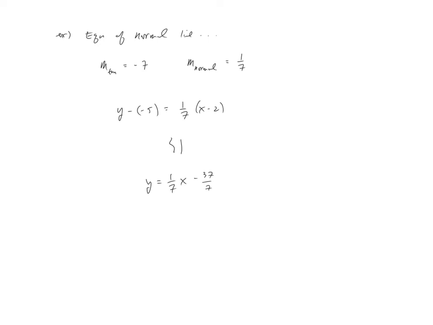So the effect of a problem like this isn't as much doing it as now seeing the result. So what I would encourage you to do is go to Desmos.com. That's a really nice and easy to use graphing calculator on your computer. Go to Desmos.com, plot the original parabola, the 5 minus 3x minus x squared, plot the tangent line, and also plot the normal line.